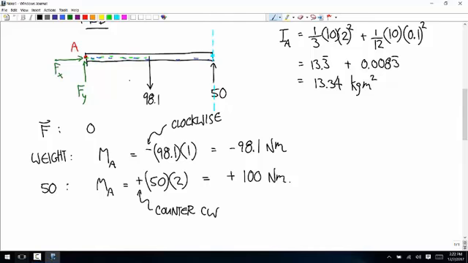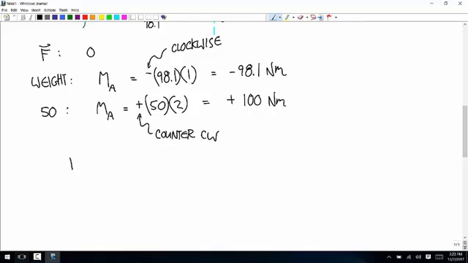And now that we've calculated the moments produced by all of those forces, we can put it into this equation. I haven't used that abbreviation before. So put it into that sort of angular form of Newton's second law.